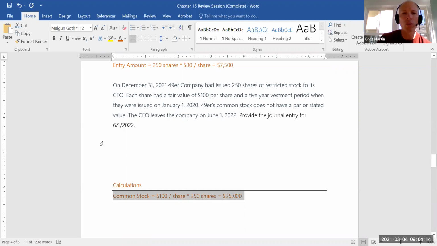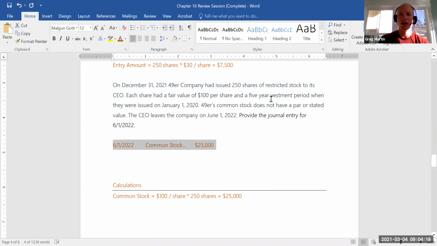And so we know that we need to take that common stock off of our books. The reason is, again, those shares were sitting in that trust. When the executive leaves, the shares are returned to the company as unissued shares. So we basically have to take that common stock amount off of our books. That original amount of $25,000 needs to come off of our books.